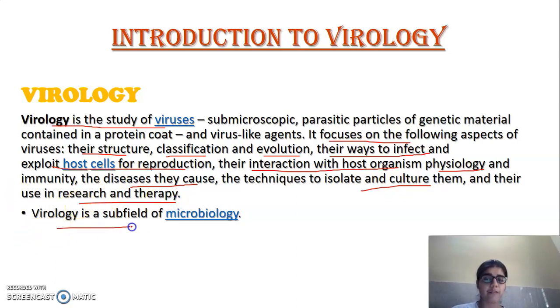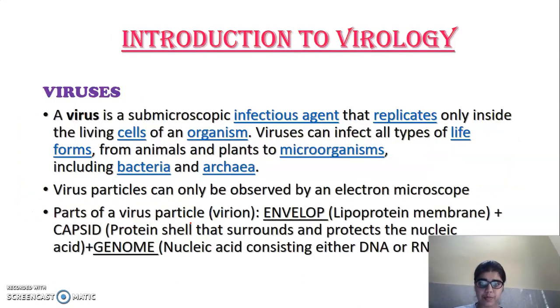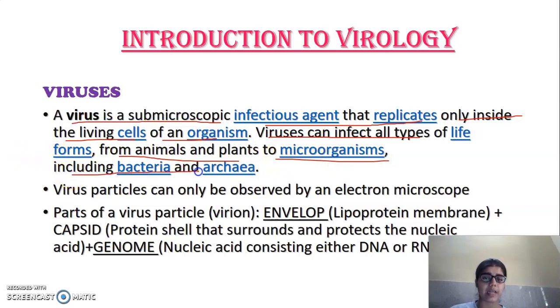Virology is a subfield of microbiology. What are viruses? Virus is a submicroscopic infectious agent that replicates only inside the living cells of an organism. Viruses can infect all types of life forms from animals and plants to microorganisms including bacteria and archaea.